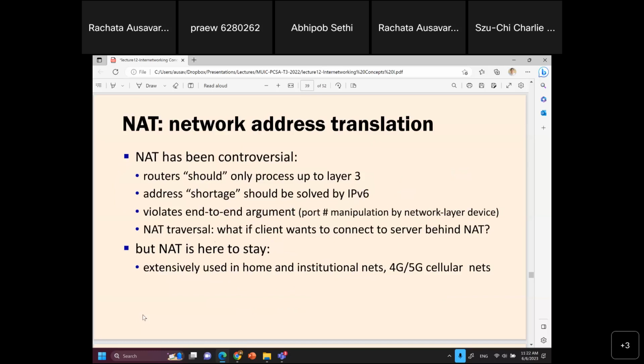So it does have this port manipulation that happens in a network layer device. And what if the client wants to connect to a server behind the NAT? So it's a design trade-off in a sense, right? You have this simple table that makes the connection, but you also sacrifice some of these things. But it's going to be here to stay. It's extensively used in homes and actually everywhere.